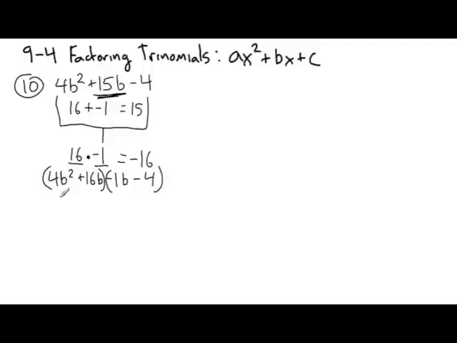Now we need to figure out what factors we can take out. 4b squared and 16b obviously have a factor of 4 and of b. What's left over in 4b squared after I take away 4b is just a b. And 16b divided by 4b is just 4, because 4b times 4 is 16b. So that's what's left over from there.